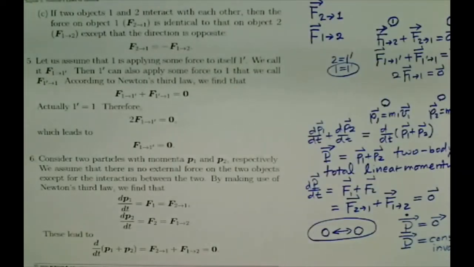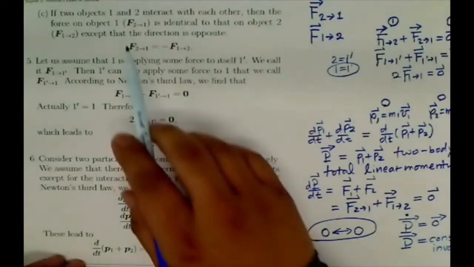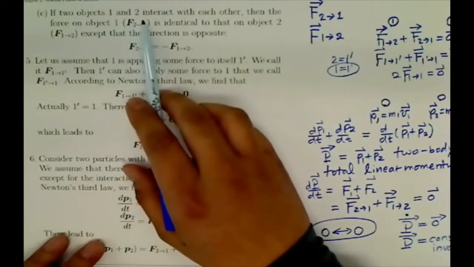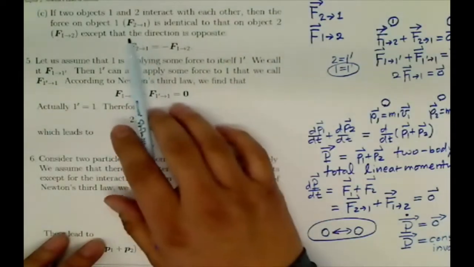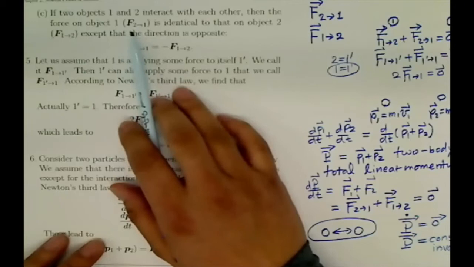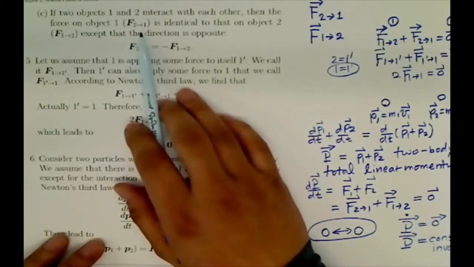Newton's third law is for the action and reaction. If we consider the interaction between two particles, here we have identified two particles as 1 and 2, and the force applied to particle 1 by 2 is denoted by this expression.